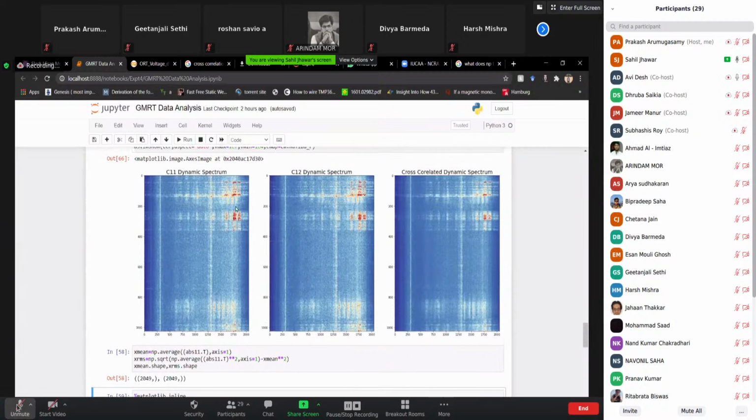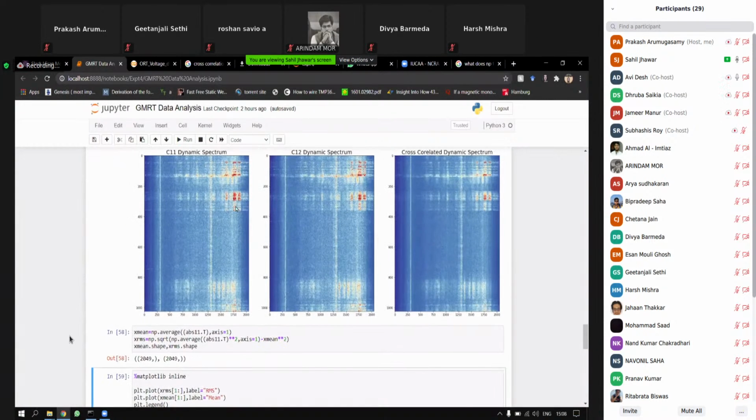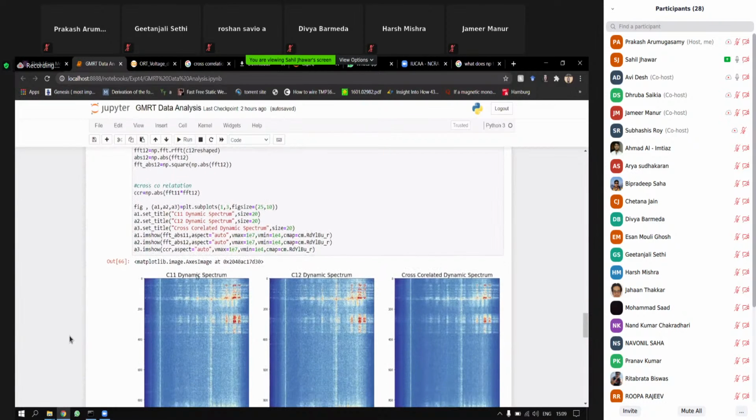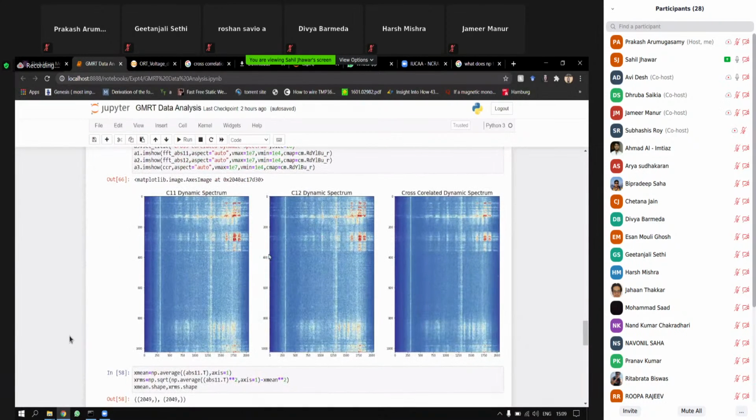So, sir, I got this dynamic spectrum from the GMRT data. Initially I got something else while taking 1024 points, but right now it's not transposed. Initially, I transposed the data and I got this.